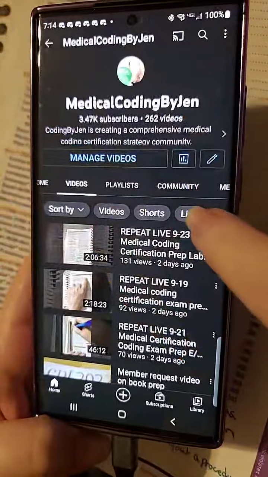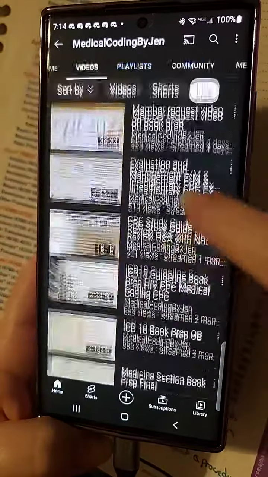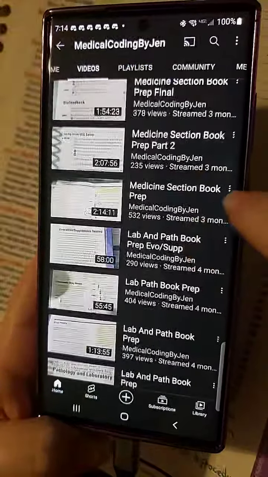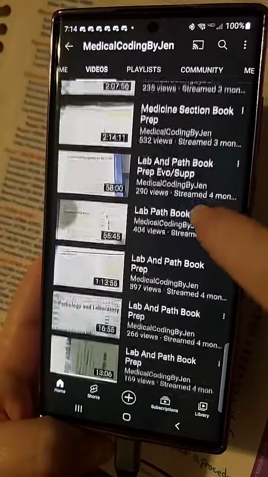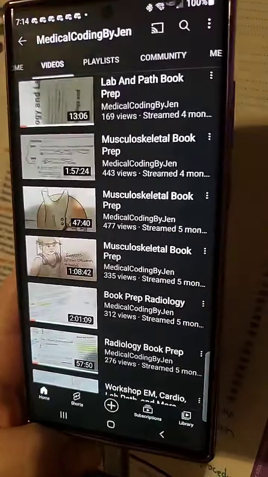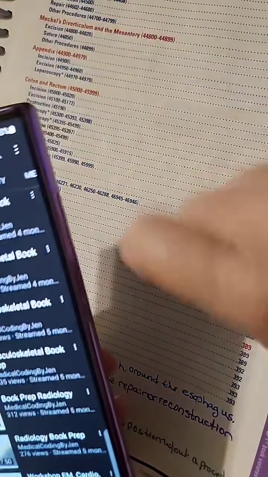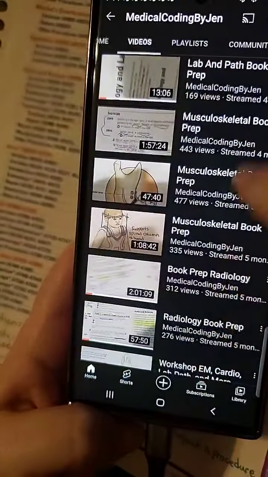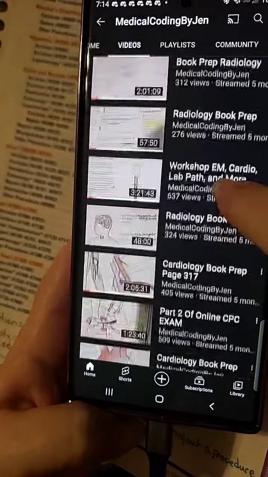So if you go to my videos and sort by lives, you'll see where it says book prep medicine, book prep lab and path, book prep musculoskeletal. I'm going code by code and writing my notes, and you can go through those and copy that information.